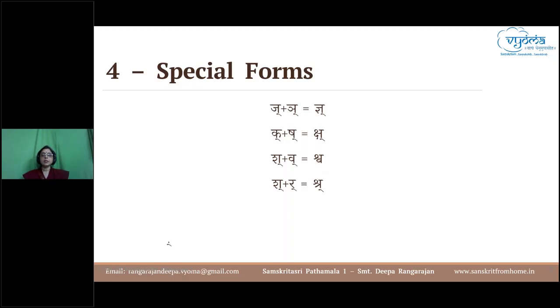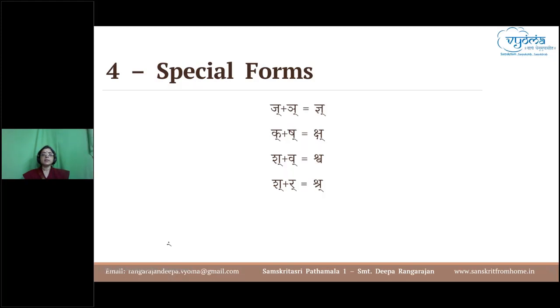Now the r has become a slanting line as it normally does, but the sh is not the sh which we normally write. The vertical line is not suppressed. Again, it has undergone the same change in shape as in shwa. It is written with a loop like this, with a repha symbol as a following consonant, as a slanting line.